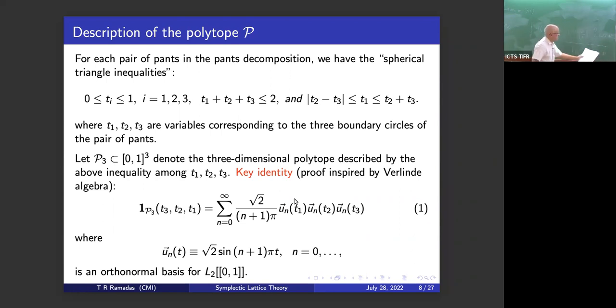This is just normalizing the total volume to be 1. This corresponds to the fact that the Liouville volume has been normalized to 1.